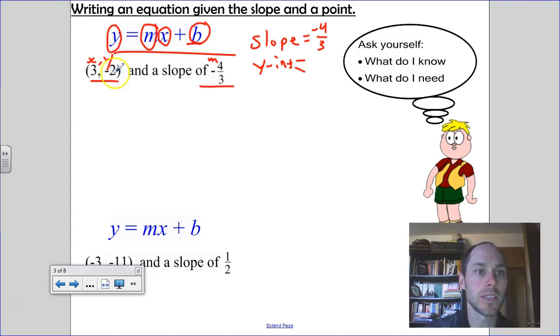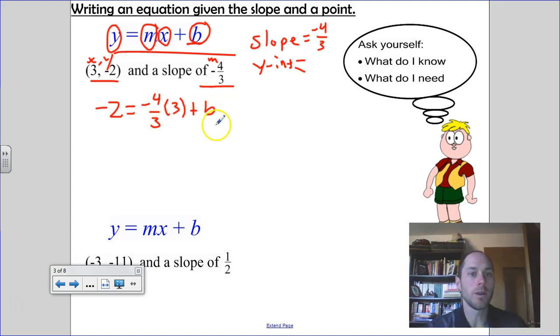So I plug in the parts that I know. y is negative 2, m is negative 4/3, and x is 3. And b, the y-intercept, we don't know that yet. So now I've got an equation and I need to solve it for b. So negative 4/3 times 3 is negative 4. So negative 2 equals negative 4 plus b.